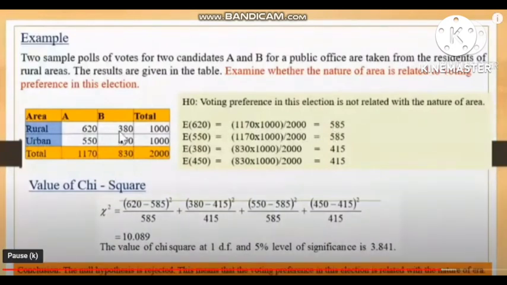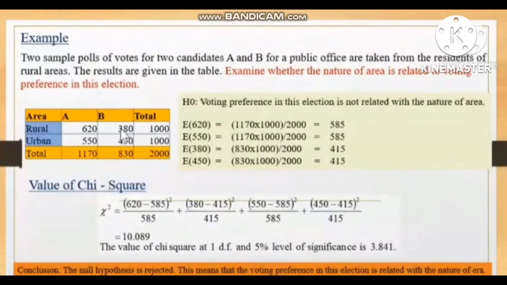If you have to find the expected frequency for this cell, you just see the row total 1000, multiply it with the column total 830, divide by 2000. You will get the expected frequencies. So in all contingency tables, we get expected frequencies like this: row total into column total divided by grand total. So all the 4 expected frequencies are obtained and the value of chi-square is calculated.